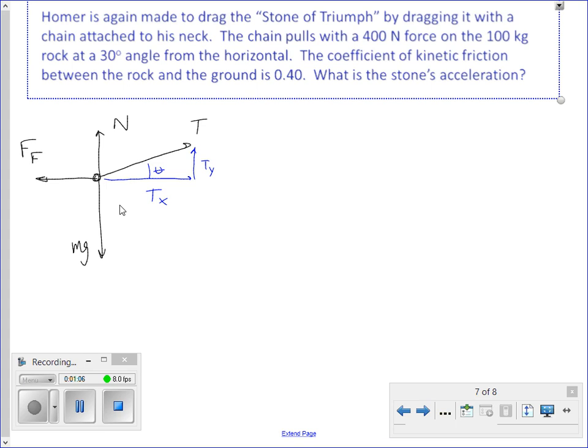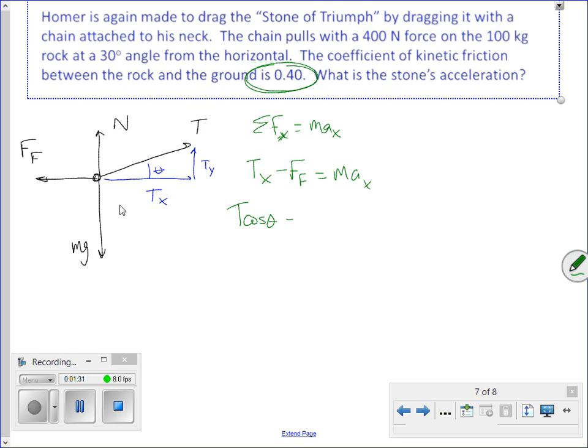Well, that's going to happen in the horizontal direction for us. So I'd start: the net Fx is max. All right, that gives me Tx minus the friction force equals max. Well, right off the bat, now that we're given the coefficient of kinetic friction, first let me write this as T cosine theta.